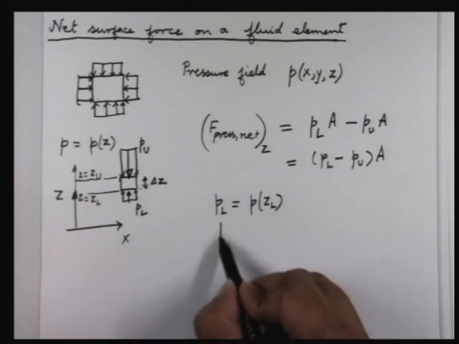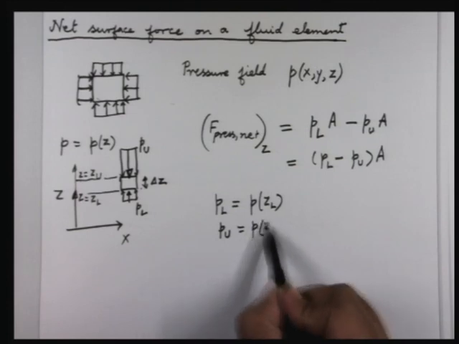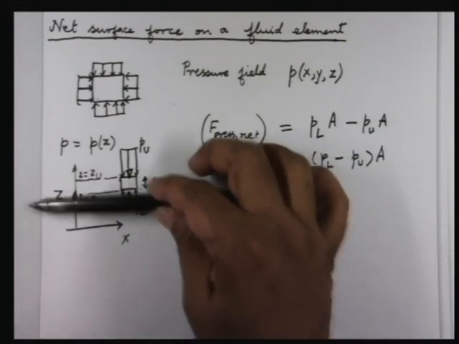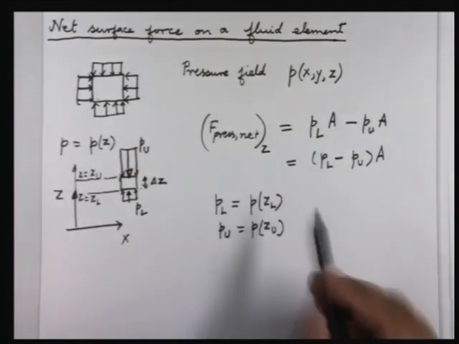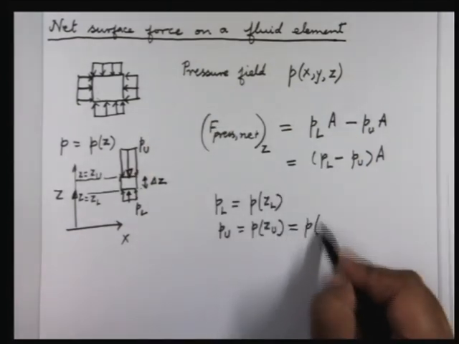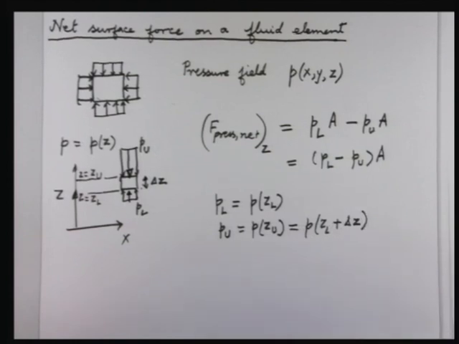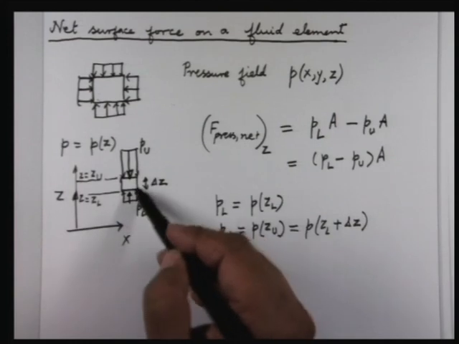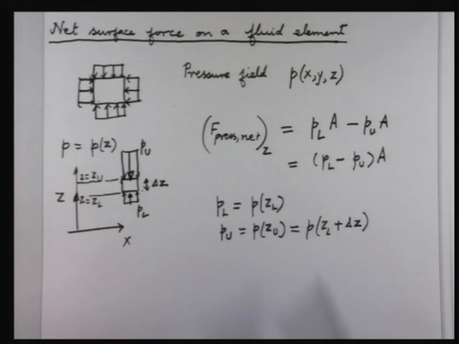Similarly, PU is the pressure when Z equals ZU. So ZL and ZU are the coordinates of the bottom face and the top face of this. Now ZU is ZL plus delta Z, because I am using delta Z, the symbol, to denote the length of this element in the vertical direction. Now if this is a continuous function, I can expand it in a Taylor series about ZL.